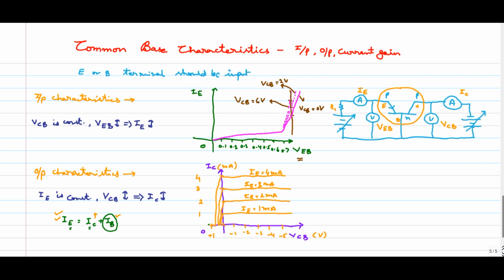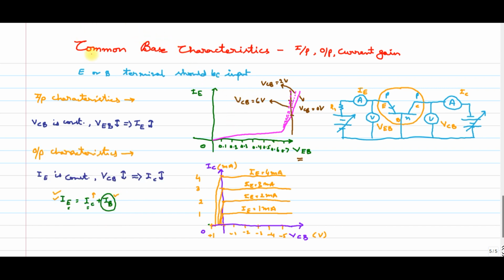So this is called the output characteristics of the transistor in common base configuration. And here we need to note one more thing. From here to here, where VCB is in reverse bias, is called the active region. That means this is the area where we can operate our transistor.